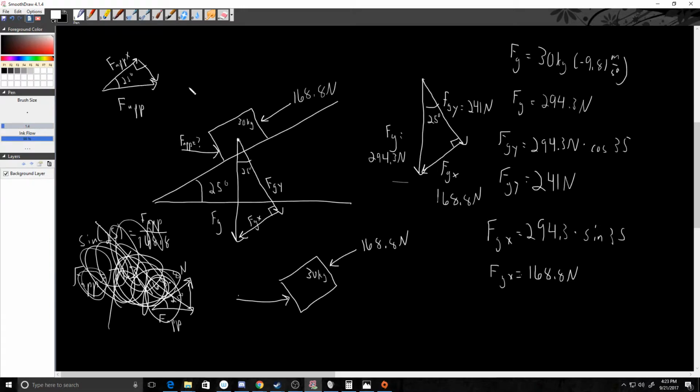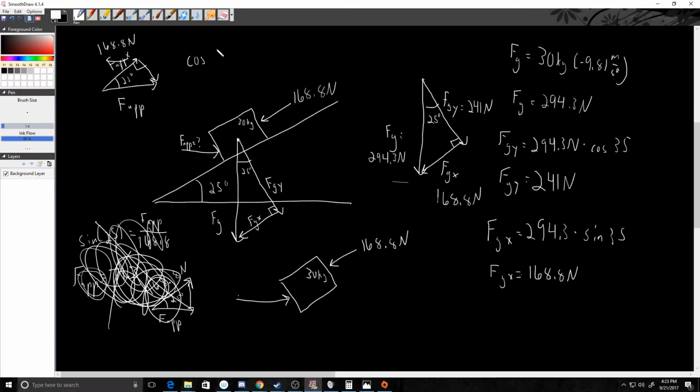All right. So in this case, we're still using trig, because we know that this is 168.8 newtons. Now that I'm using the right triangle, I'm looking for the hypotenuse. I'm still using cosine because I know the side adjacent to the angle.